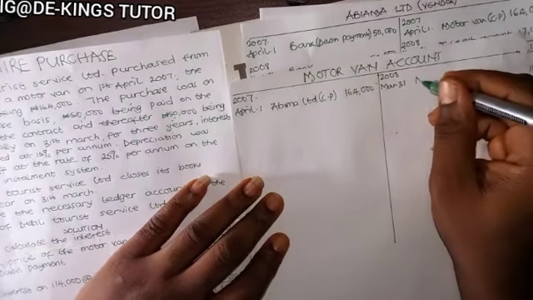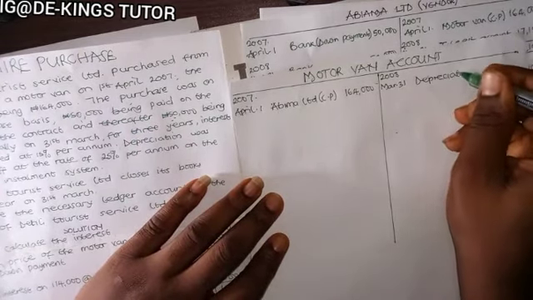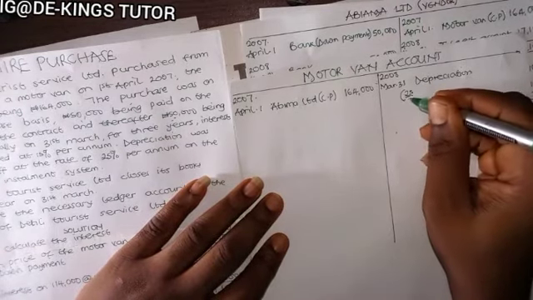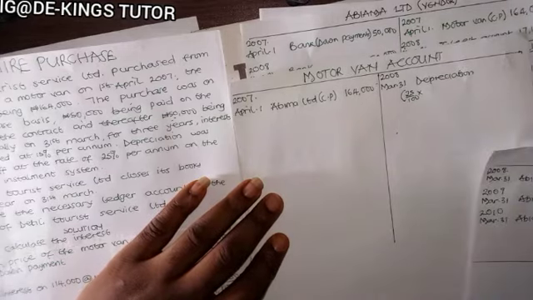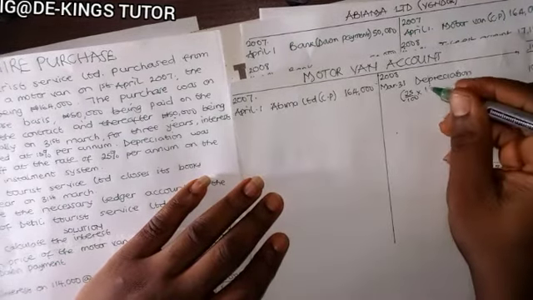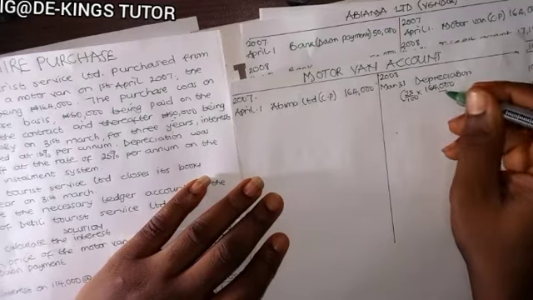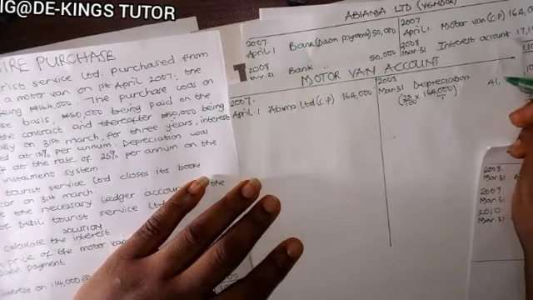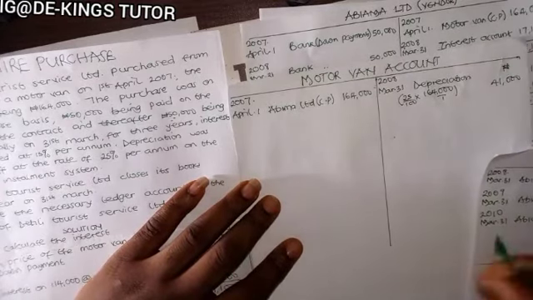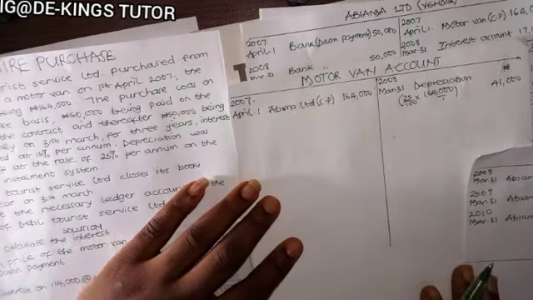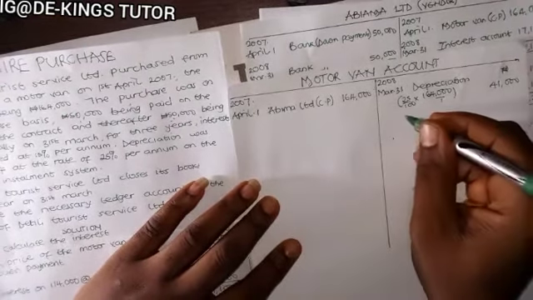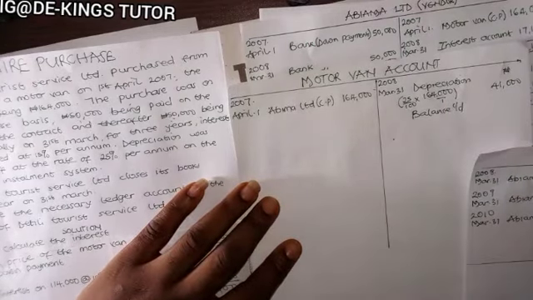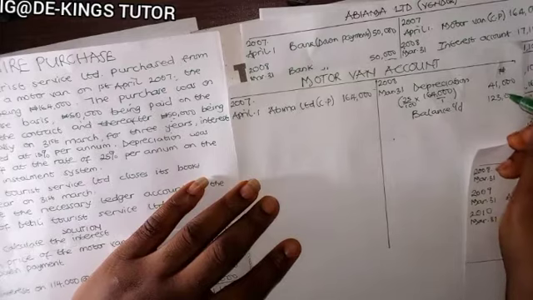Okay, so we'll have depreciation. That's 25%, that's 25 over 100 times the cost of the asset, 164,000. So this will give us 41,000. Okay. So to make the two balance, we have our balance carried down as 123,000.